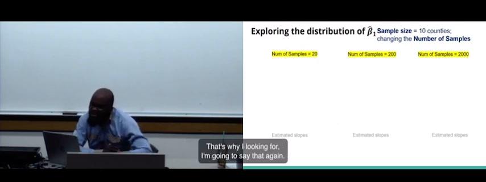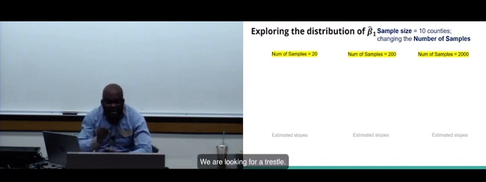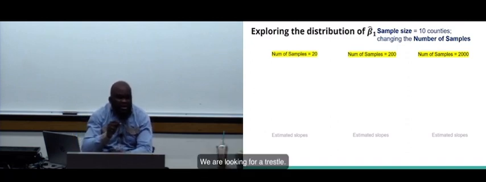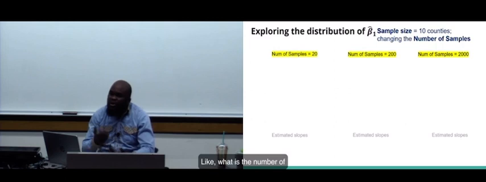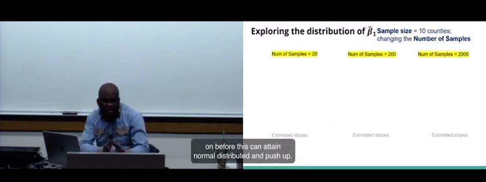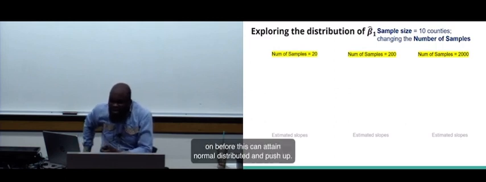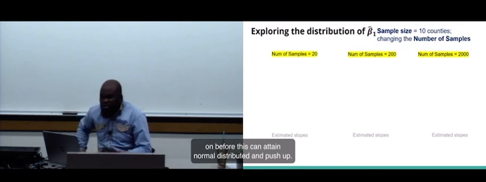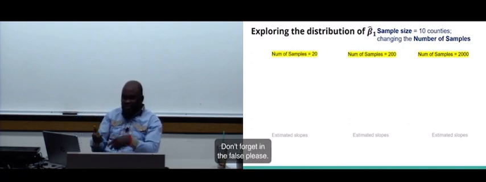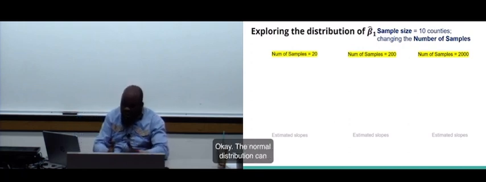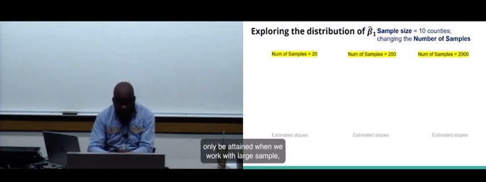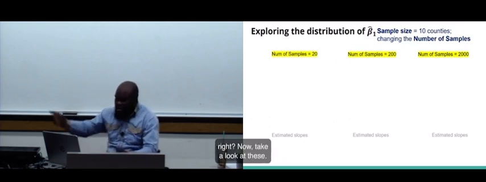I'm going to say that again. We are looking for a threshold, the number of repetitions I'm going to make before this can attain normal distribution. Don't forget, in the first place, normal distribution can only be attained when we work with a large sample, right?